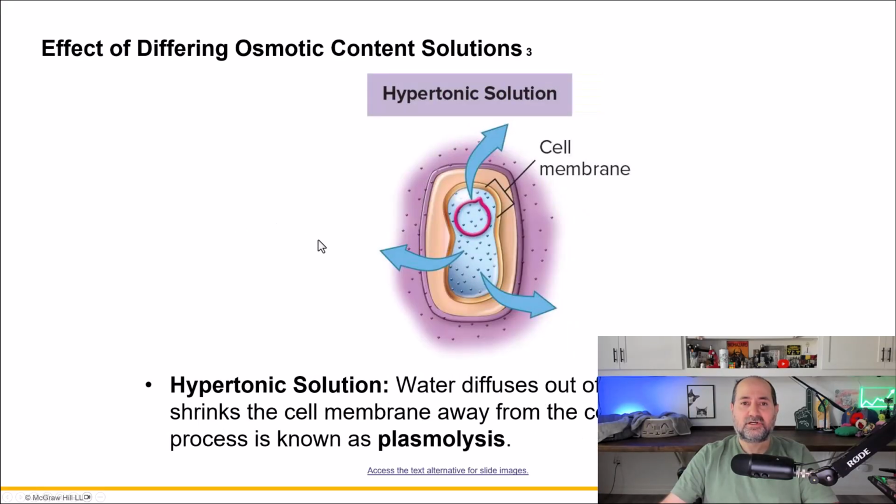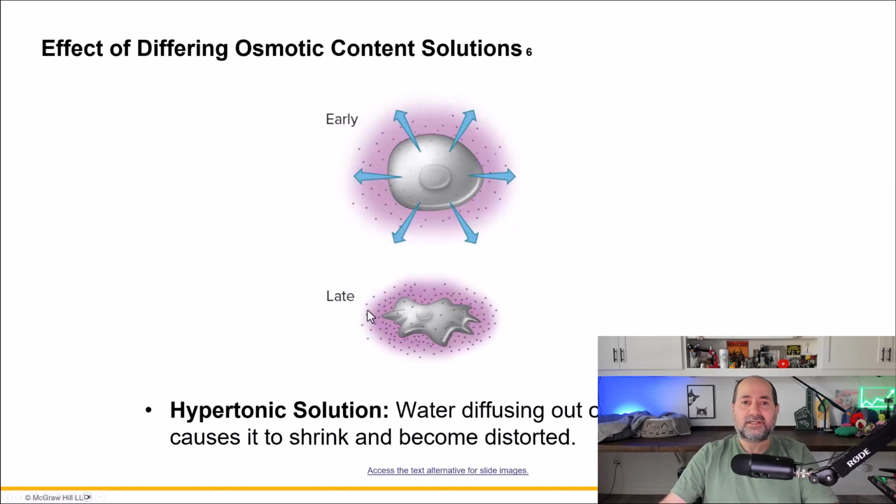In hypertonic solutions, water rushes out. You should know that in a hypertonic solution, a cell that has a cell wall becomes plasmolyzed. However, in a hypertonic solution, a cell without a cell wall becomes shriveled or crenated.